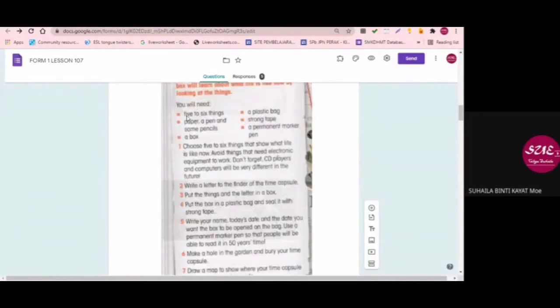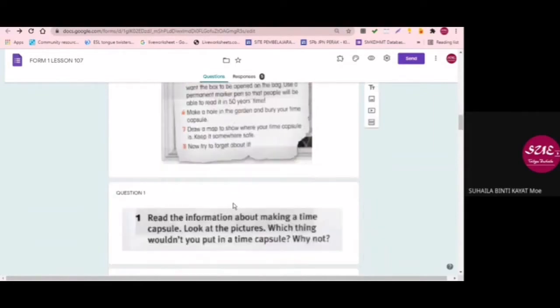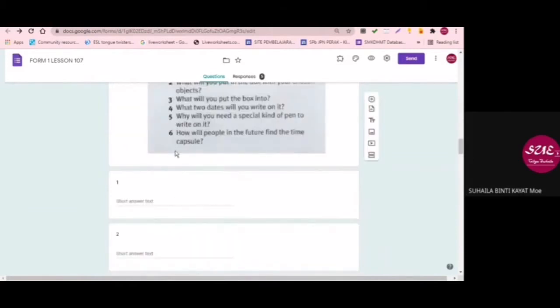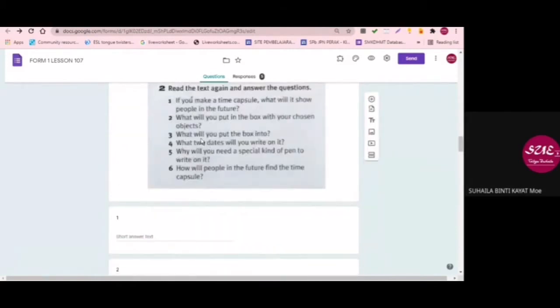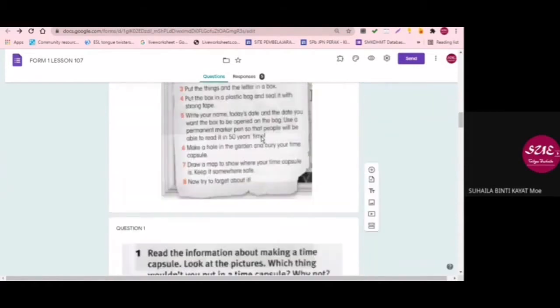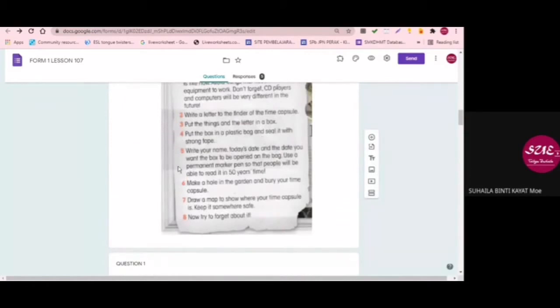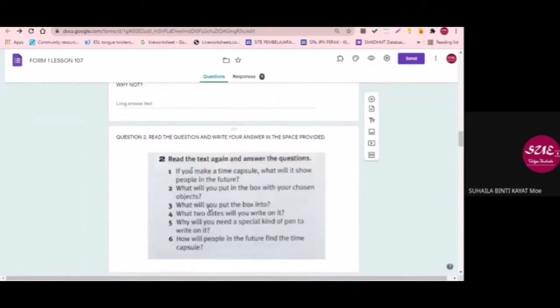Okay, these are the chosen things plus letter. Okay, next question. What will you put the box into? Di manakah awak letakkan box tersebut? Where will you put the box into? Okay. Put the box in a plastic bag. Nah, jawapan dia.